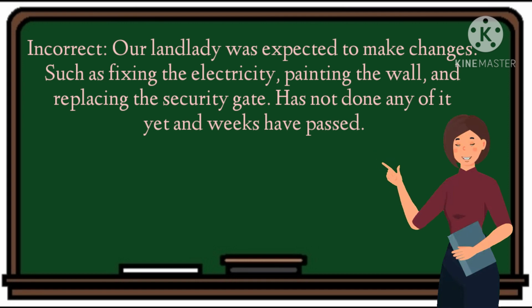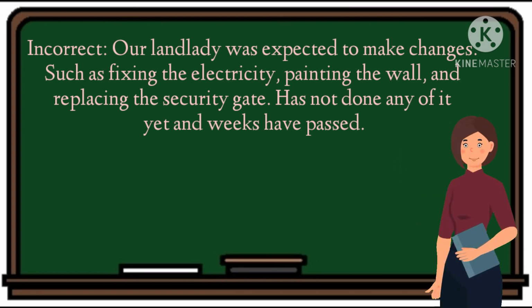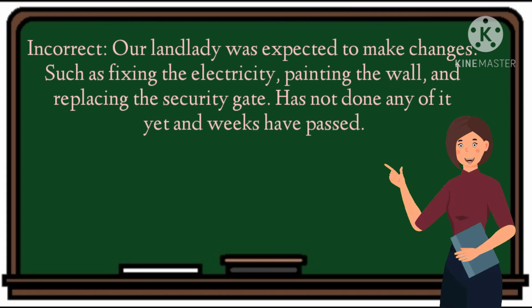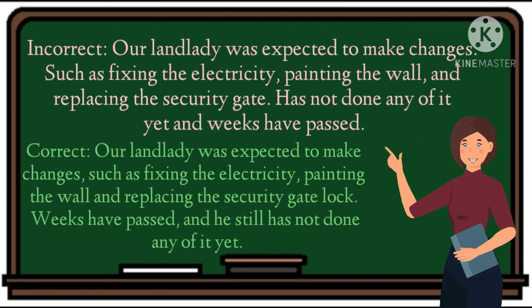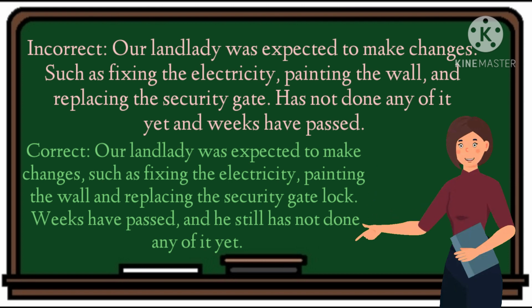So in order to make this correct, we must revise some of the placement of the words as well as add new words to the sentence. Therefore, the possible revision would be, "Our landlady was expected to make changes such as fixing the electricity, painting the wall, and replacing the security gate lock. Weeks have passed and he still has not done any of it yet."